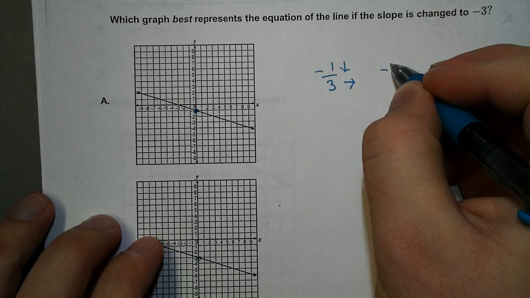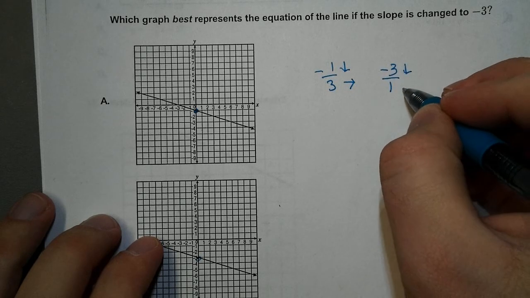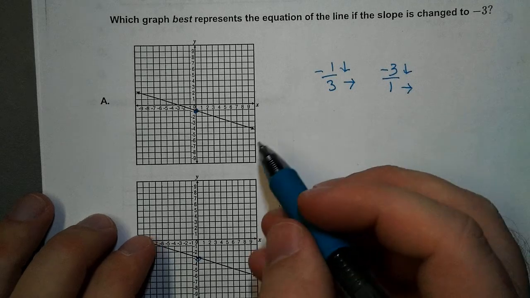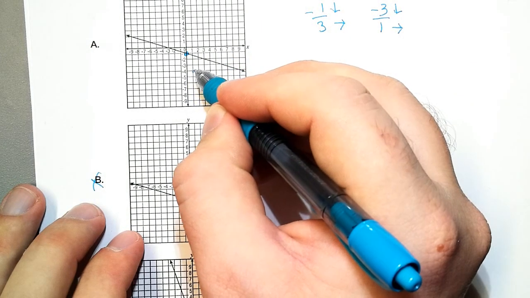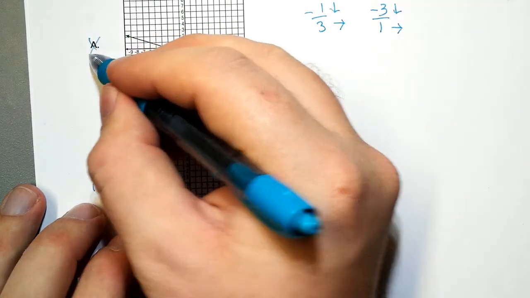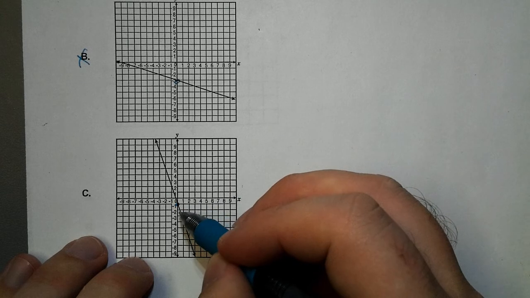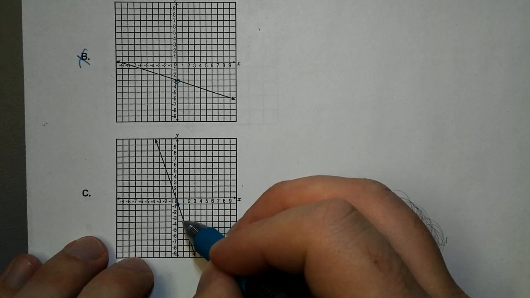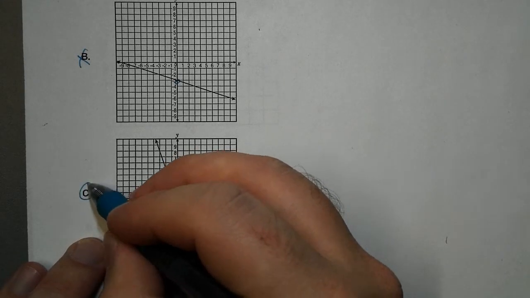A slope of negative 3 would be negative 3/1. So this would be down 3 and to the right 1. So from here, down 1, 2, 3 to the right 1. Nope, that does not match up. So let's look at C. From here, down 1, 2, 3 over 1. Down 1, 2, 3 over 1. And it does match. It is C.